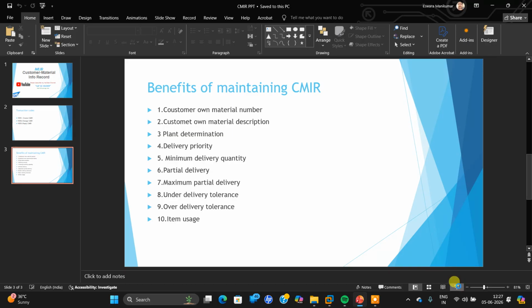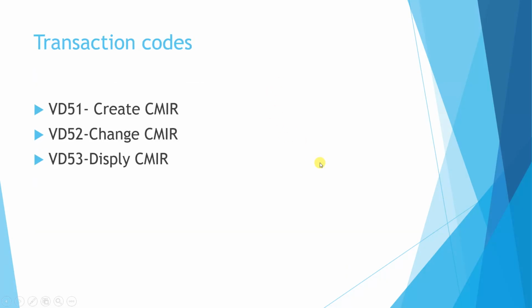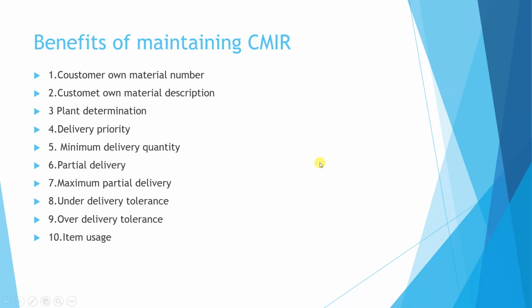So this is the major use benefit. These are the major benefits of the customer material info record. So what have we learned up to now? We need to maintain the customer material info record when the customer requests it.